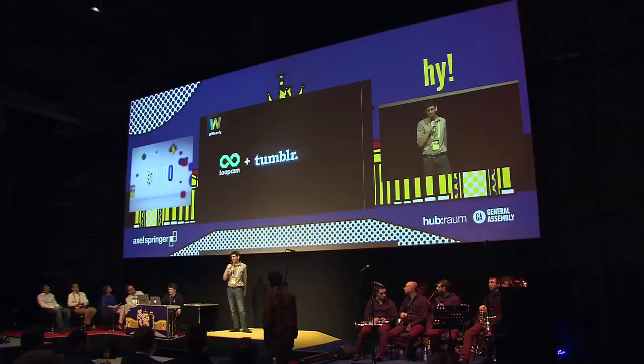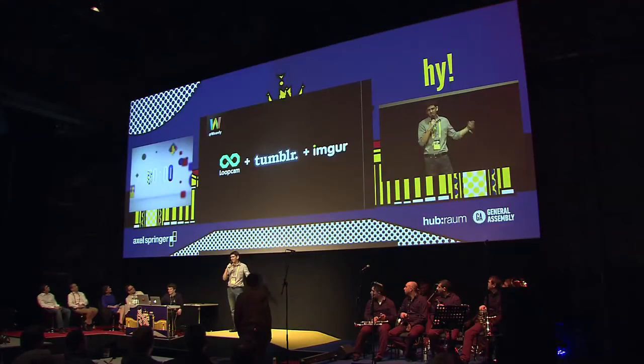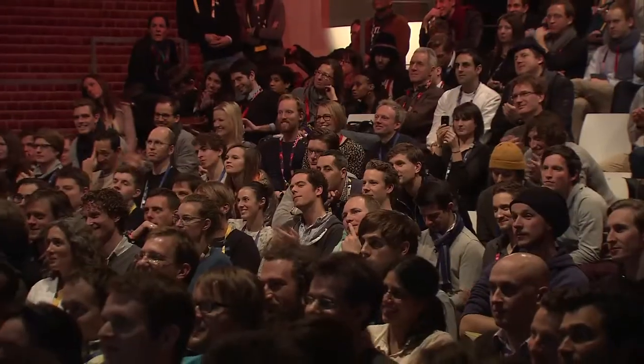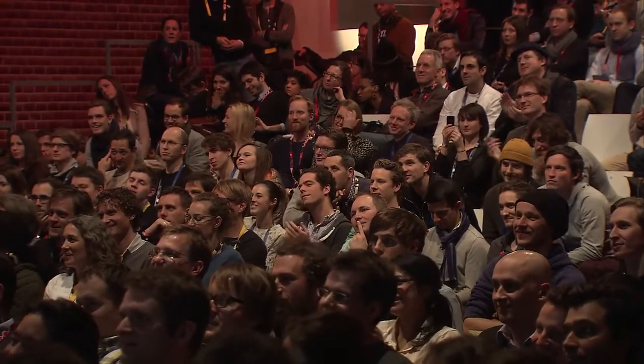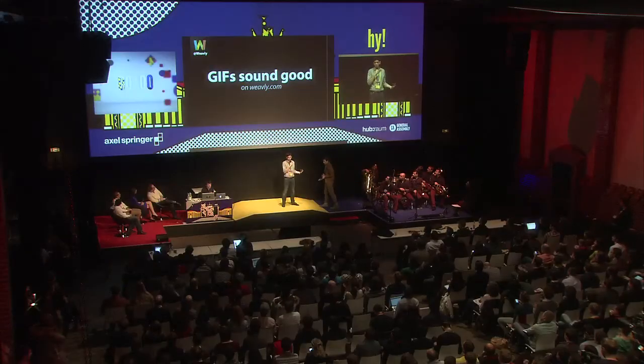No, they were even used by very serious online magazines for covering the Olympic Games. We got a massive amount of good feedback when we integrated Loopcam, an awesome Berlin-based GIF animator app. And so we thought, let's take it to the next level and integrate Tumblr and Imgur, the 2 most important sources for animated GIFs. With Weavly, you can make GIFs sound good.